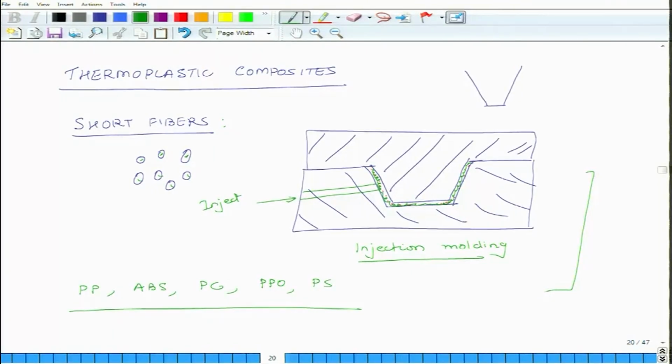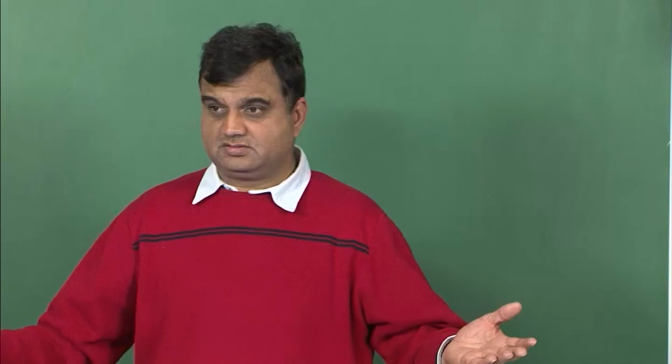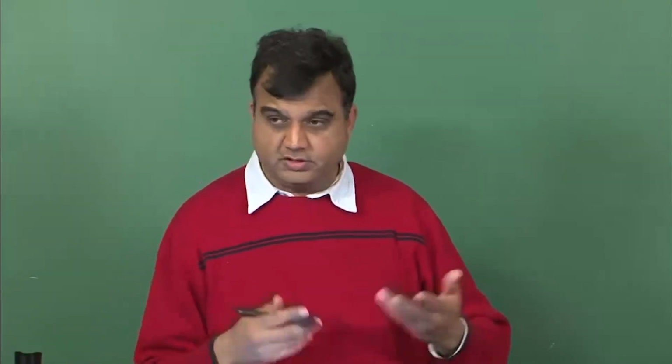Then we also have situations where we may have short and or continuous fibers. So, there the raw material is a sheet. Now, this is different than the sheet molding compound which we talked about, because in thermoplastics we do not worry about curing, right. If it cools it is cured, if it is hot it is fluid, right.